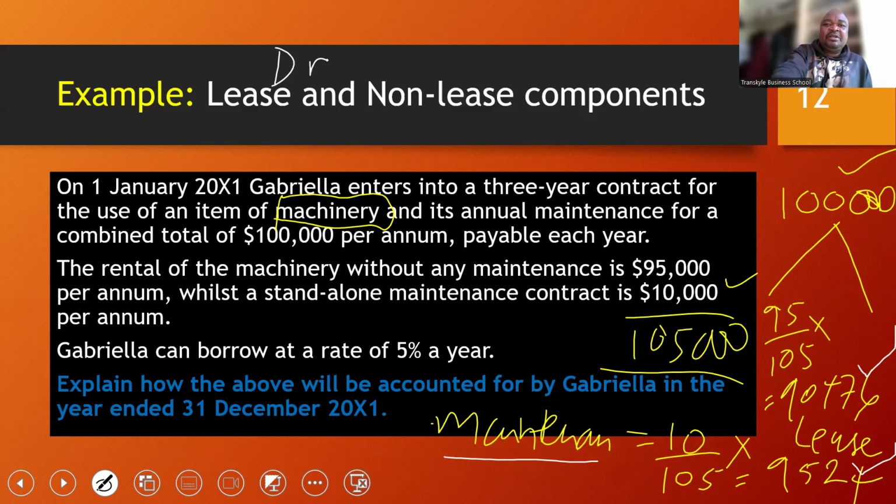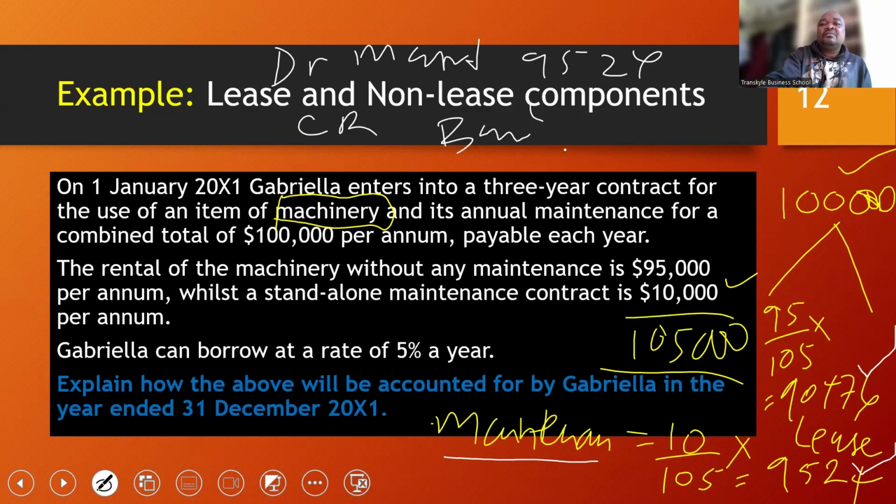That is a P&L debit: debit non-lease cost, or simply maintenance cost, 9,524, and credit cash or bank. Are we together? 9,524. You're not crediting any liability there. It's not related to the lease. It's a non-lease component. Debit maintenance 9,524, credit bank or cash 9,524.